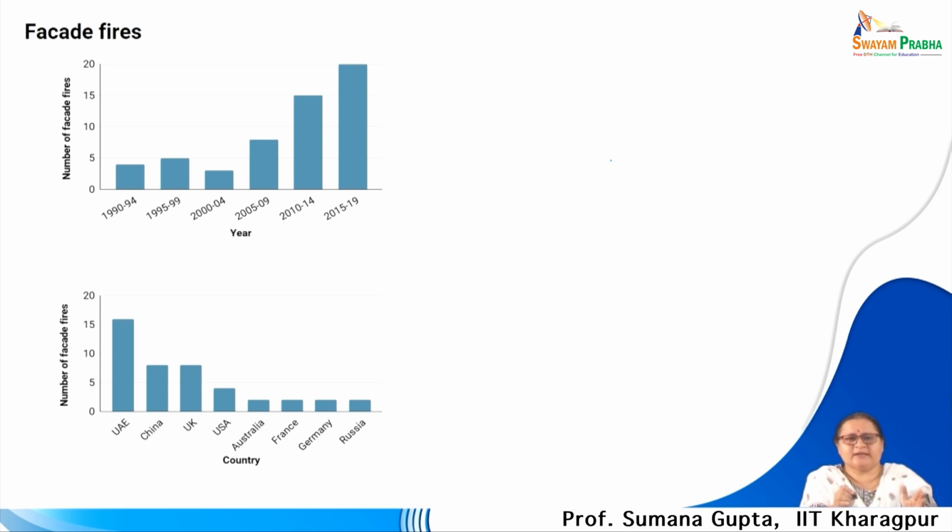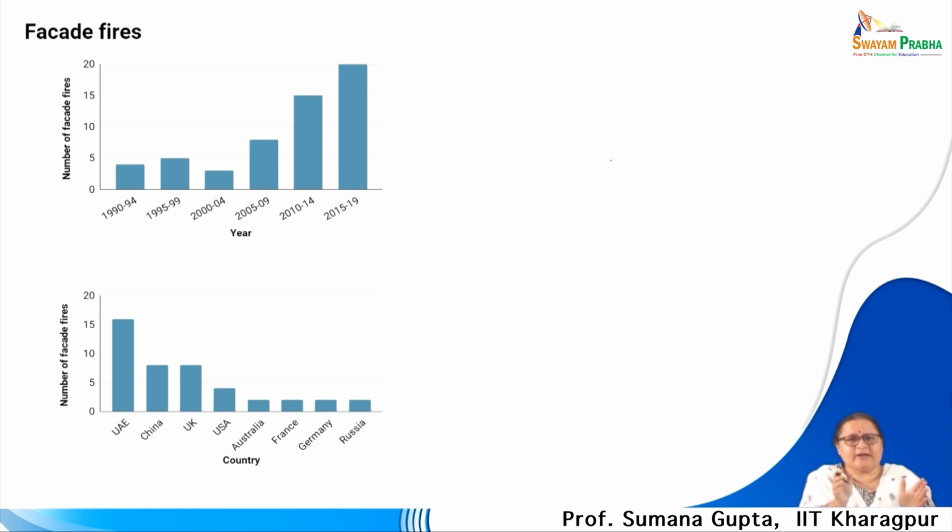People are shifting towards aesthetic looks, demanding curtain wall kind of facades, which are light in weight, give a different look to the building, and also reduce the dead load of the building. So, newer facades are coming up, the materials towards fire are not protected, and the concern is that maybe my building is safely designed, but the next building's facade fire can lead to a fire in my building.